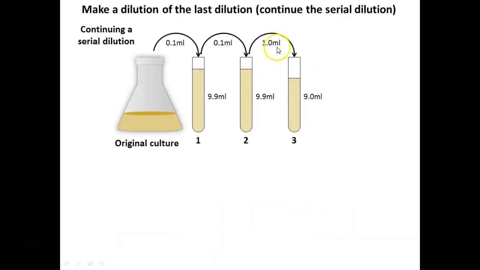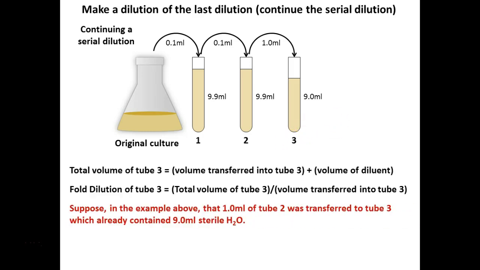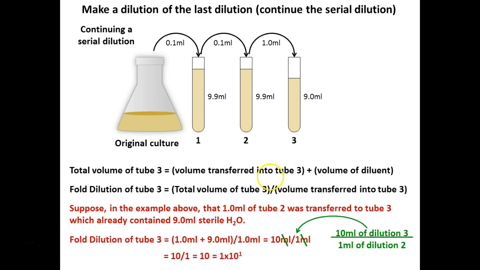But then we changed it up here. And I don't remember what I did on mine, but in this example, it's a 1 into 9. Anyone want to guess what the dilution is? 10. 10, because 1 plus 9 is 10, divided by 1 is still 10, right? That's our third dilution.